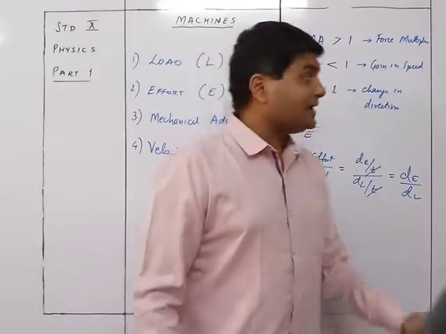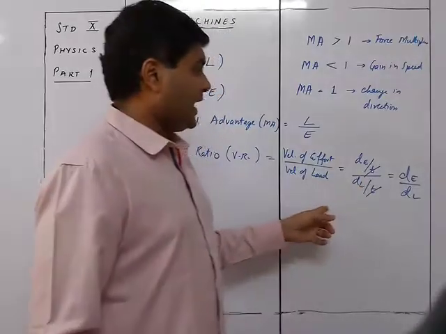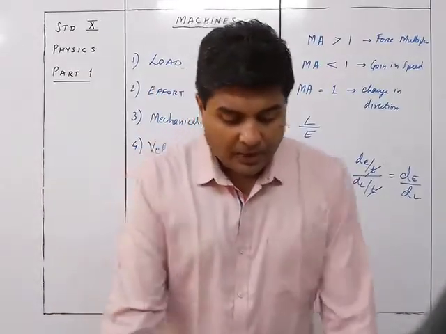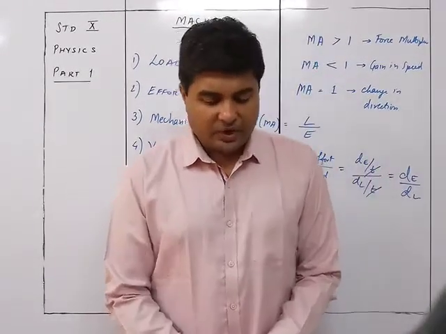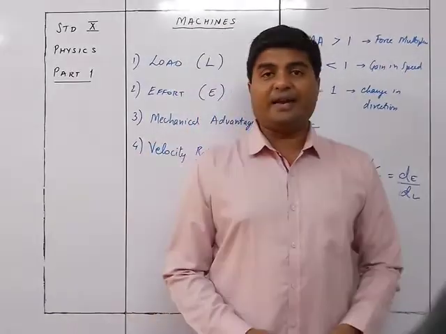Okay, now just as we understood that for mechanical advantage, we'll see how the velocity ratio will change. A machine in which the displacement of the load is more than the displacement of the effort will have a velocity ratio less than 1, and such a machine gives a gain in speed.